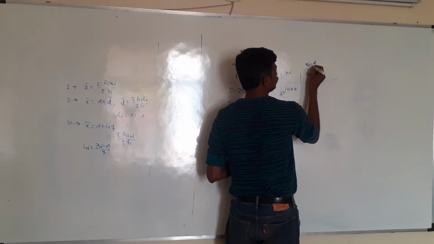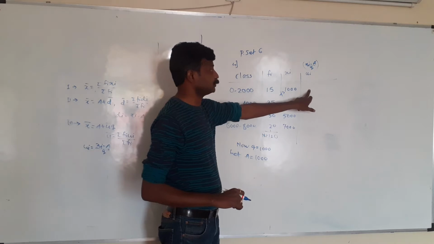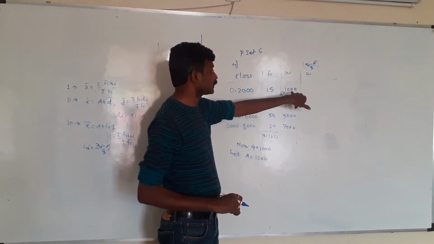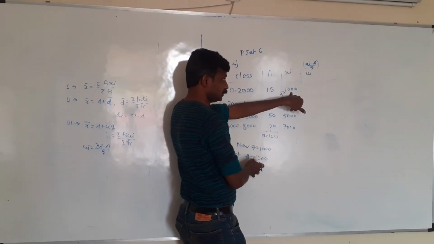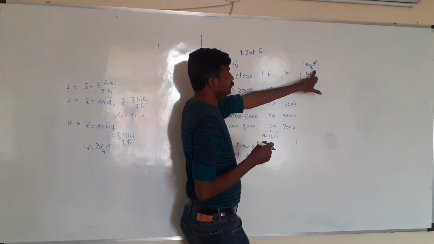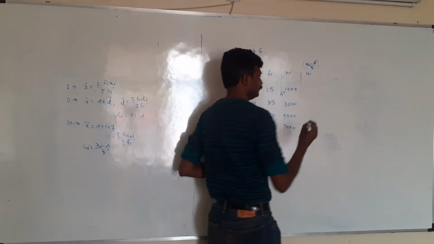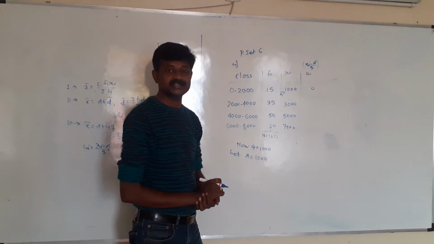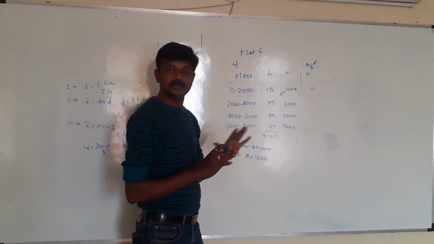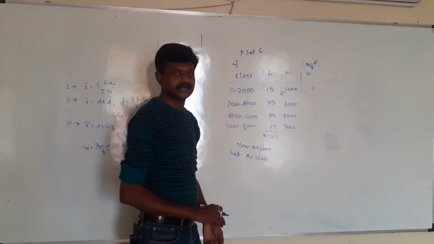Xi minus a upon g is nothing but the value of ui. So for the first class, ui will be equal to xi is 1000, a we consider 1000, minus 1000 is 0, upon g is 1000. 0 upon any number, the answer is 0 itself. So the first ui is 0. See, it is not coming negative. Maximum it will come 0, but it will not be less than 0. So that is why negative is not part of our calculations.